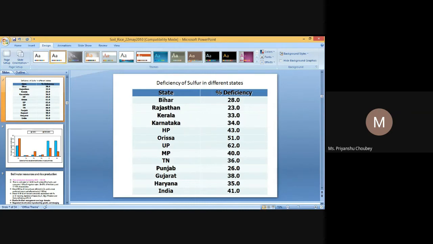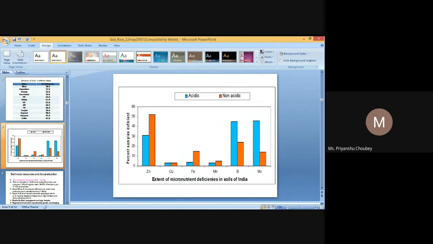Soil pH is defined as the negative logarithm of hydrogen ion activity. The pH of a soil indicates its acidity or alkalinity. pH influences nutrient availability, soil physical condition, and plant growth. Optimum pH means the optimum for availability of different nutrients, like nitrogen.